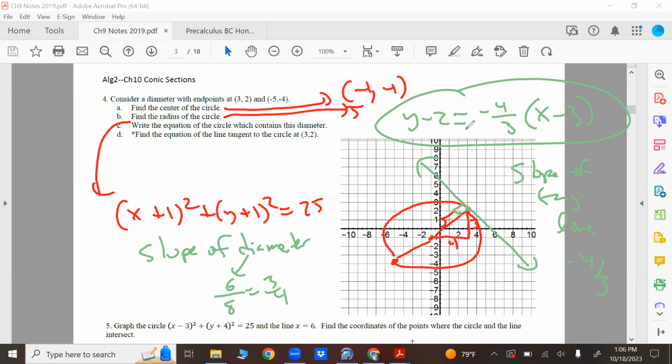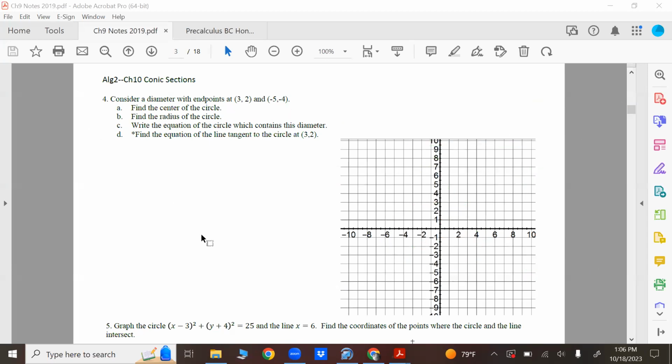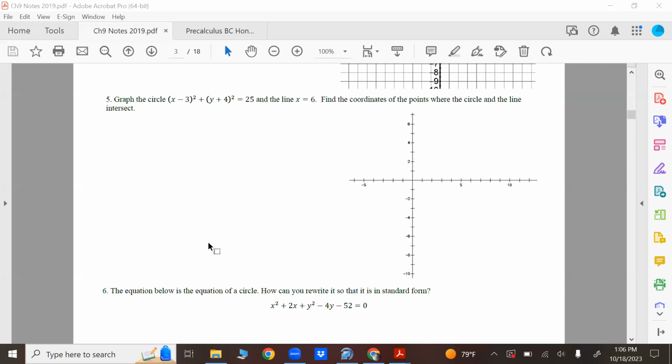So questions so far? Okay. Now let's move on to 5. And Audie, I'll get you a question about 5, but I haven't read it yet. Okay. So what's happening here? You got a circle. You have a line. Find the points where the circle and the line intersect. Okay. Well, let's just graph it really quickly. That shouldn't be hard at all.